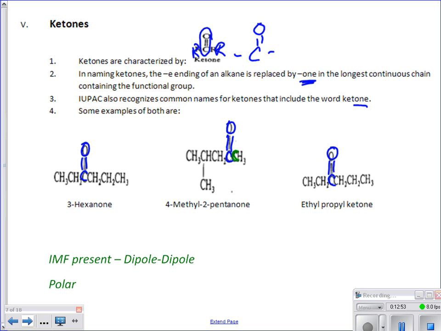In the naming of it, we have just changed our hexane, got rid of the E, and made it a hexanone. So pentanone. And then this is the alternate naming system. We have some sort of ketone. So you should be able to identify this functional group from either the structural drawing or from the name. And again, much greater share of the electrons with this guy. So it's going to be a polar molecule, which means our IMF that's present is dipole-dipole.